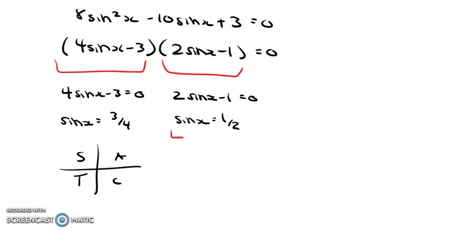Well, we already know that sine equal to 1/2 is in quadrants 1 and 2, and it's at an angle of pi over 6 and 5 pi over 6. So we can say x1 equals pi over 6, x2 equals 5 pi over 6.